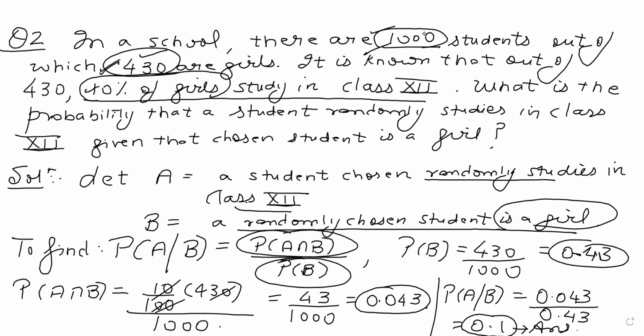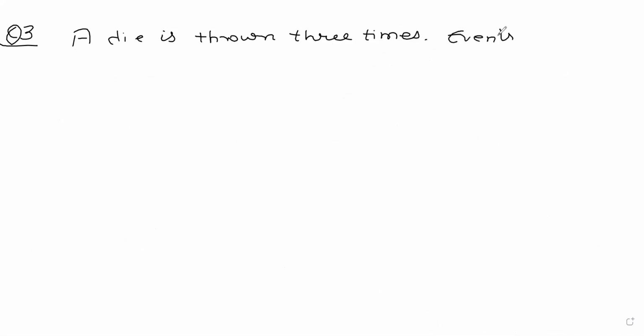Moving forward to question 3. A die is thrown 3 times. Events A and B are described as follows.